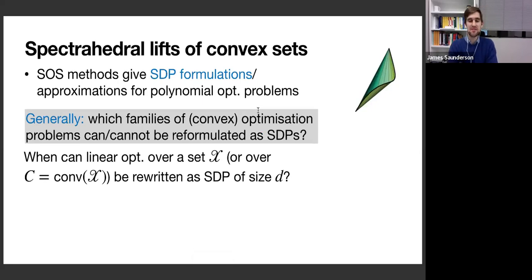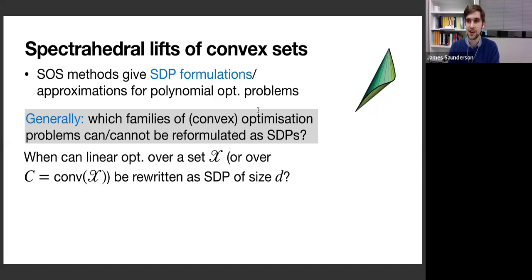The last kind of recent direction I wanted to say a little bit about, that's very connected to sums of squares, although it's not completely obvious at the outset, is the idea of taking a convex set and trying to write it as the feasible region of a semi-definite program.